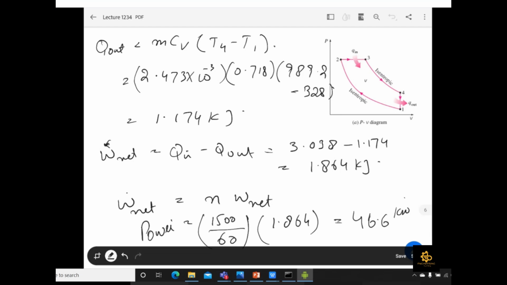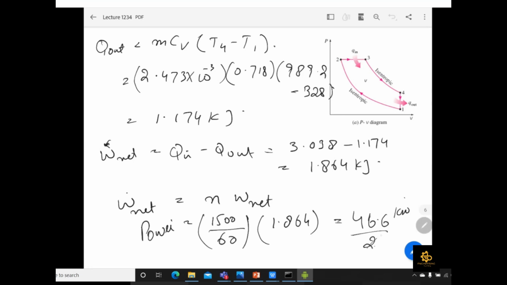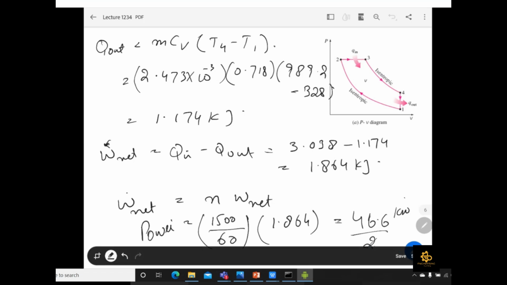Another important point is, if it is a four-stroke engine, for example, we have to divide by two. It means that the power produced in the four-stroke engine is less in comparison to the two-stroke engine. That is the advantage of the two-stroke engine, it produces more power. But at the same time, the wear and tear in the two-stroke engine is more because it produces more power.